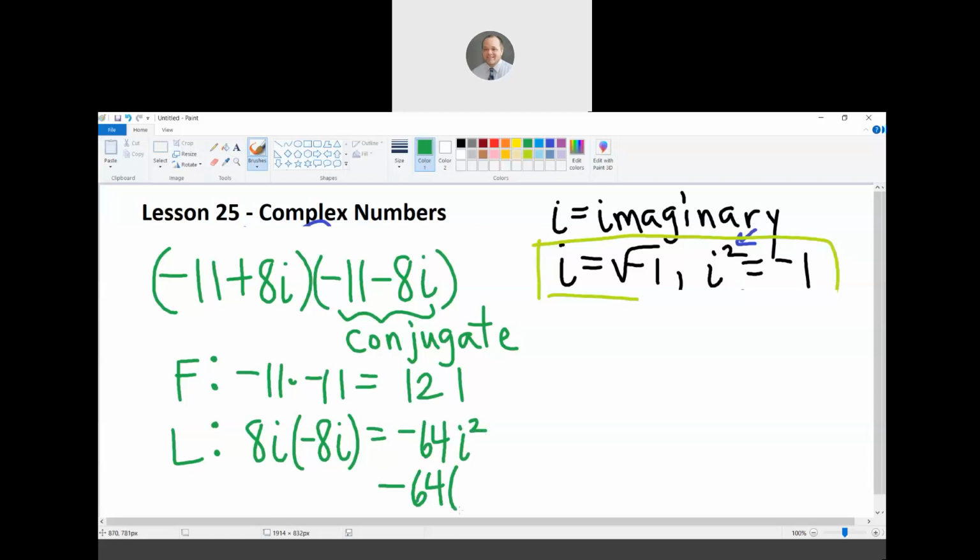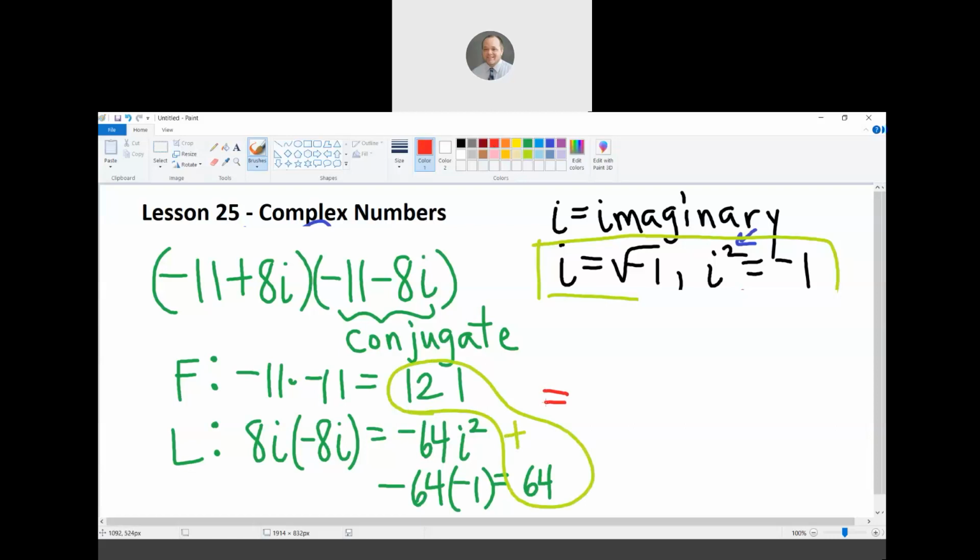Let's replace the i squared with its value, negative 1. So that gives us 64. The last step, just add 64 to 121.